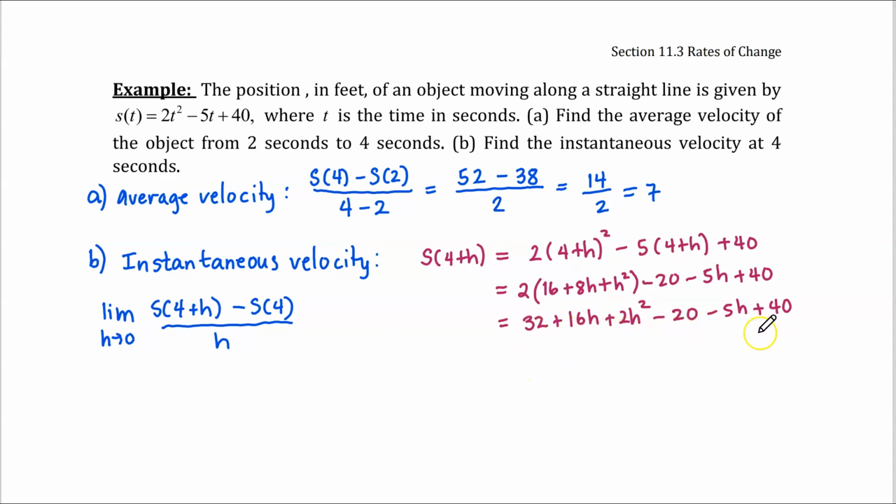Then you combine similar terms. Let's begin with the leading term, 2h squared. Then 16h minus 5h is 11h. And 32 minus 20 plus 40 gives us 52.